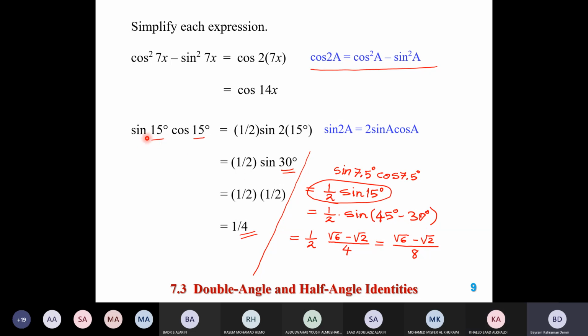Or you like to use sine 15 separately and cosine 15 separately and then multiply it. That will take more time, right, Shabab? So there is more than one method. Yani, if you calculate first sine 15 and then cosine 15 and then multiply these things, it's going to take a lot of time. Okay, thank you, sir.